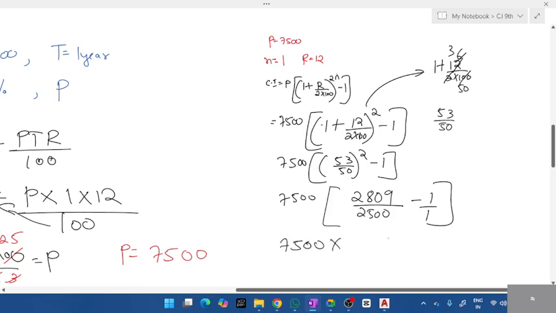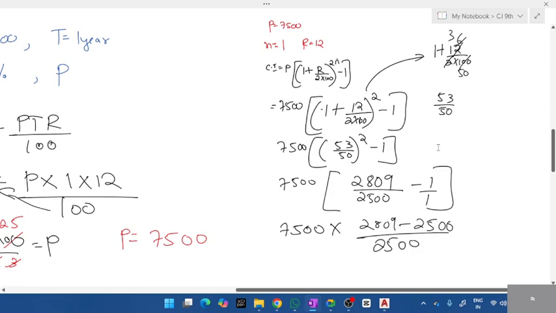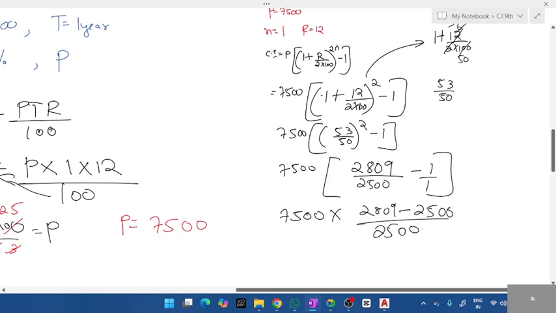75,000 into, LCM is 25,000. 2,809 minus 2,500. 25 ones are 25, 25 threes are 75. 3 into how much is 2,809? Yeah, 3 into 309.